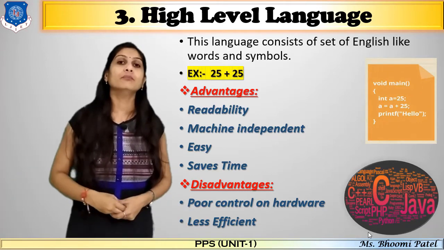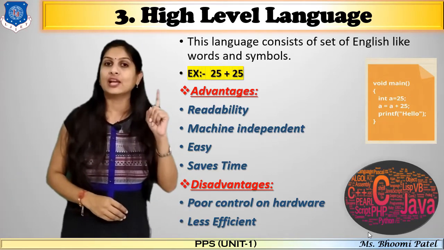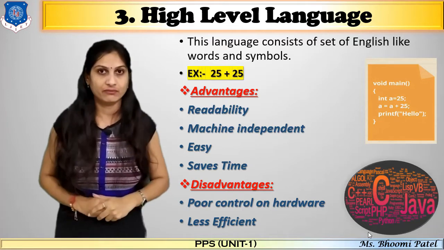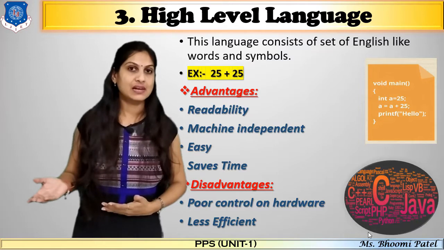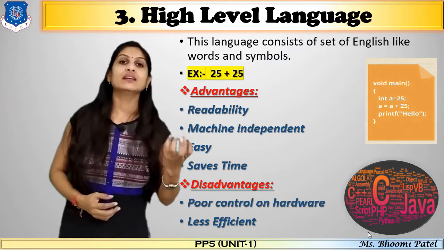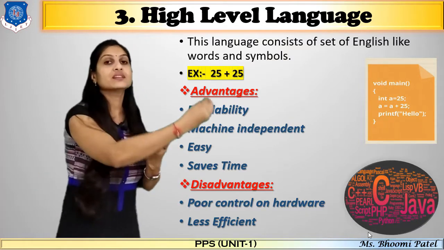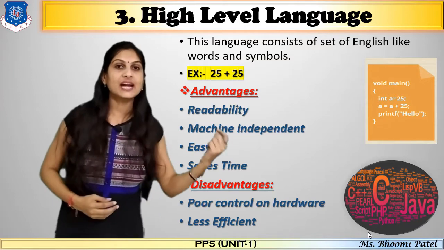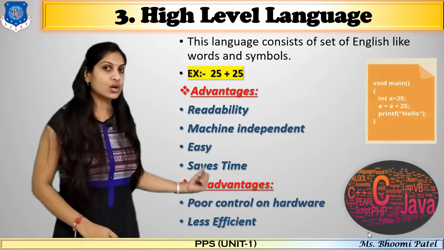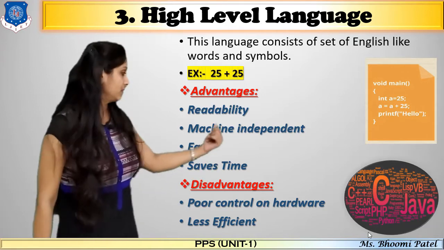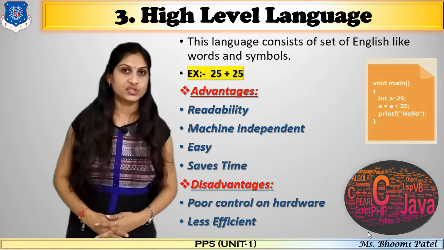No, because our computer understands only one language, that is binary language. So whenever I write a program using a high level language, we need a translator to translate it into machine code that will be understood by our computer. So that's why, because of the need for a translator, it is less efficient.